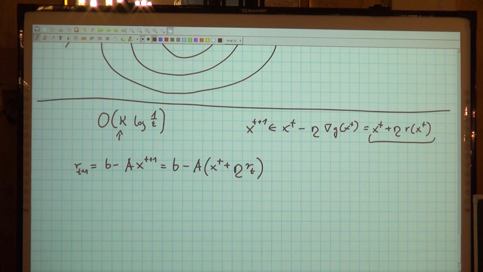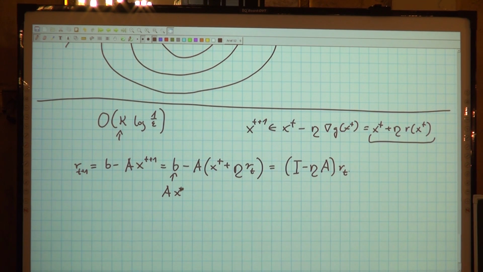Now I can do some algebraic manipulations, and what I get is, what is b? Again, b is actually A times x star. So let me write what I want to say: in the end I am obtaining something like that.